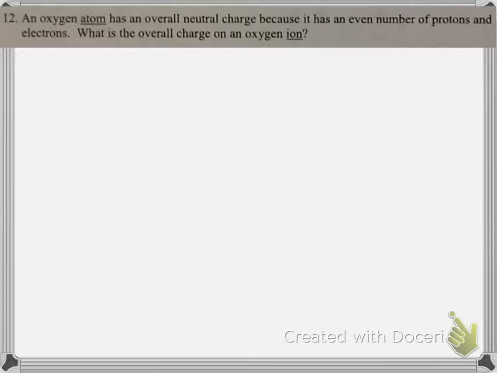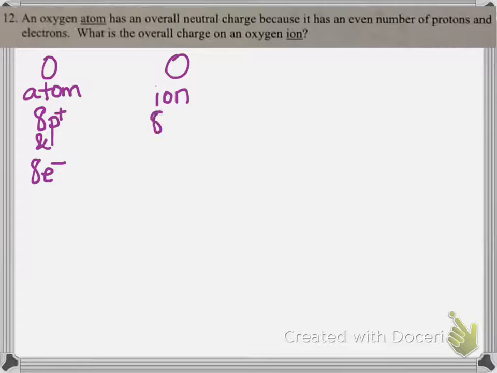Question number 12. An oxygen atom has an overall neutral charge because it has an even number of protons and electrons. What is the overall charge on an oxygen ion? So oxygen as an atom has 8 protons and 8 electrons. That makes it neutral. Oxygen as an ion still has to have 8 protons. That's what makes it oxygen.